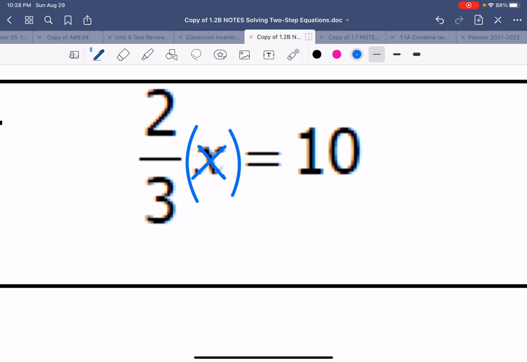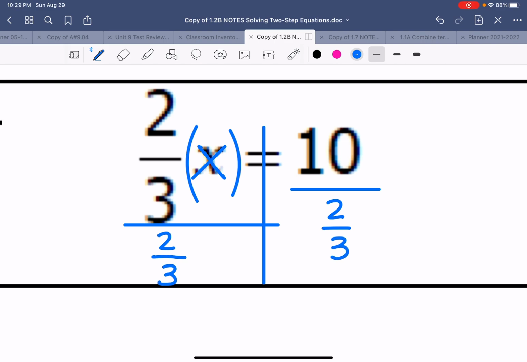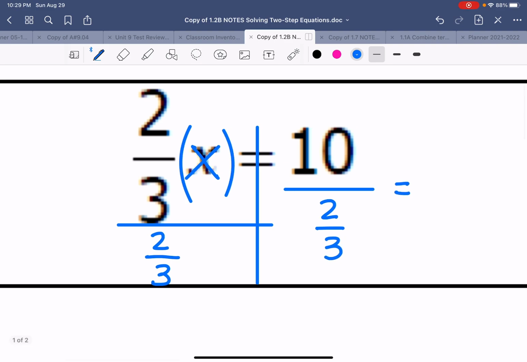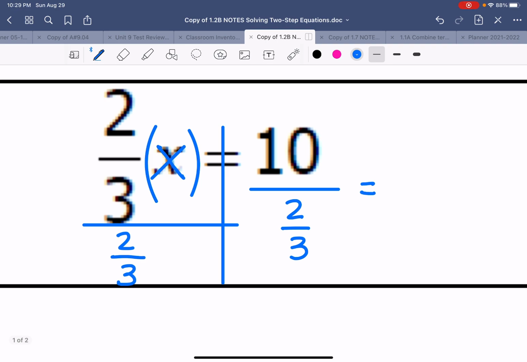In order to get rid of this multiplication, we must divide by 2 over 3. And when you do that, x should equal 15.